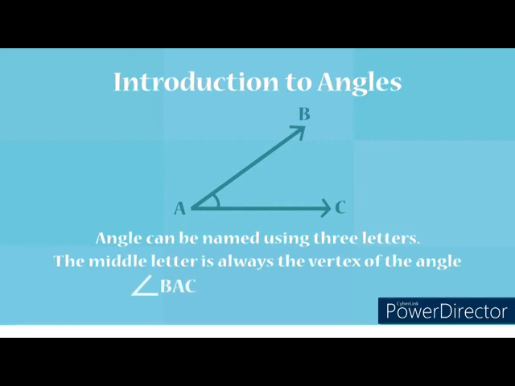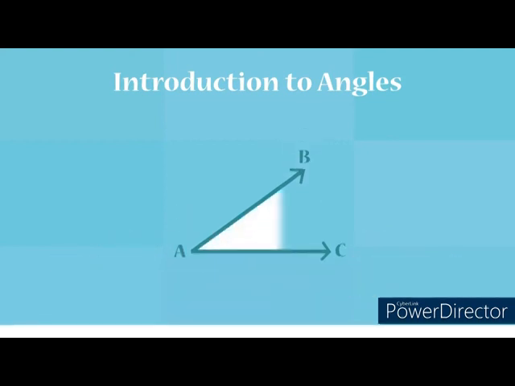You see, angle BAC, or we can say angle CAB, or we can also represent it simply by the vertex, angle A. I will show you how we write. Here it is, angle A. The middle letter is always either represented singly, or along with the other letters.